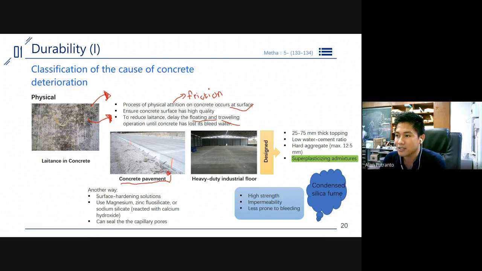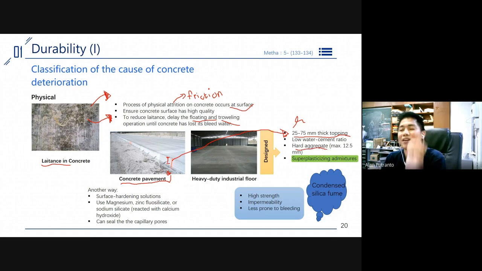So how do we design it so we can prevent this kind of defect? This one I got from Mehta actually. We should have a 25 up to 70 millimeter thick topping. And when we create our concrete, it should have a low water-cement ratio, and we should have a hard aggregate.